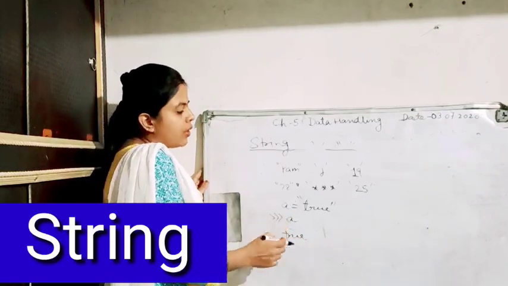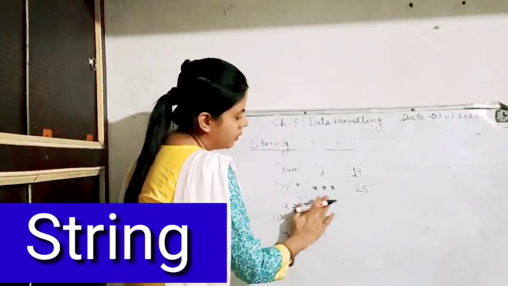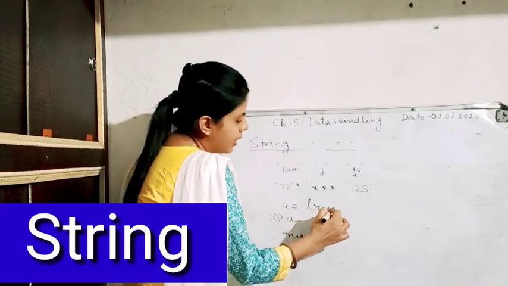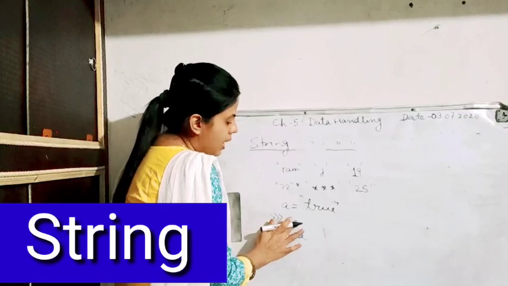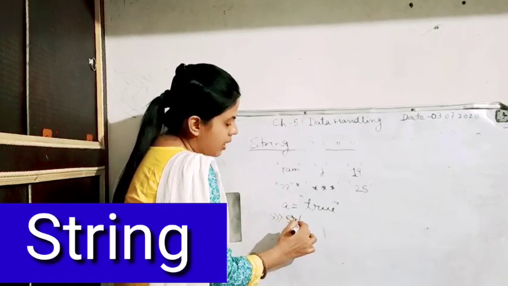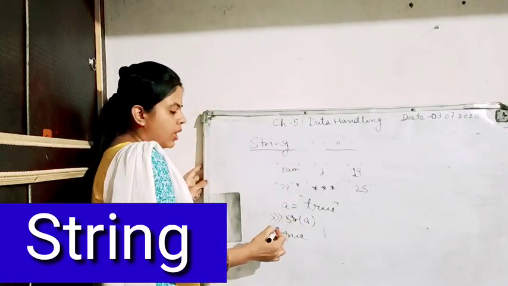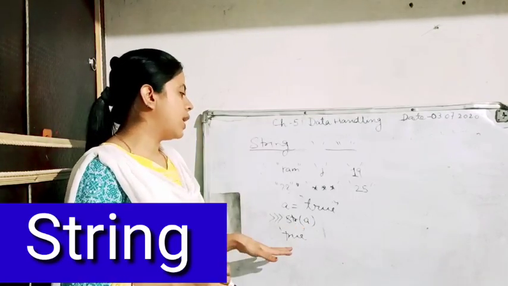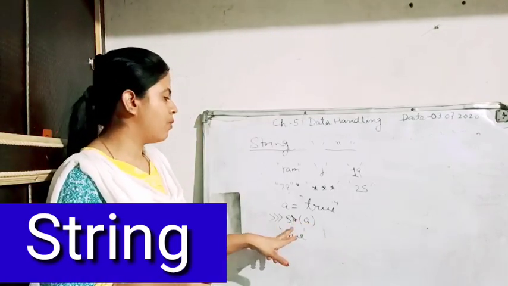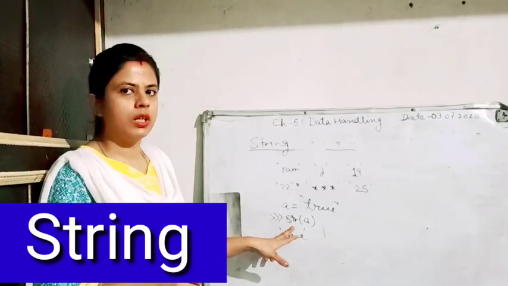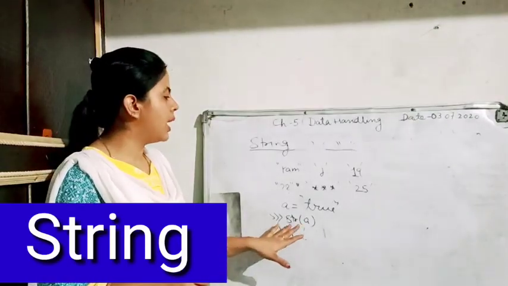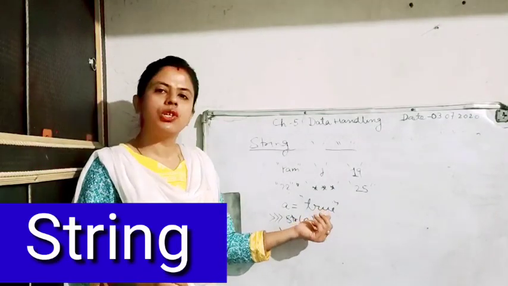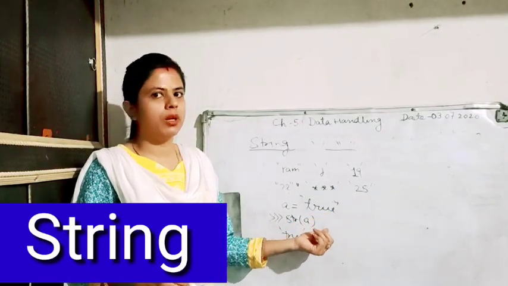But if you use the str function, suppose I have written here str(a), now it is going to give you the output like this, 'True'. So to convert any particular thing into a string, we can use the str function. This is how any number, anything can be changed to a string, and for declaration of any string you need to use the single quote and double quote.